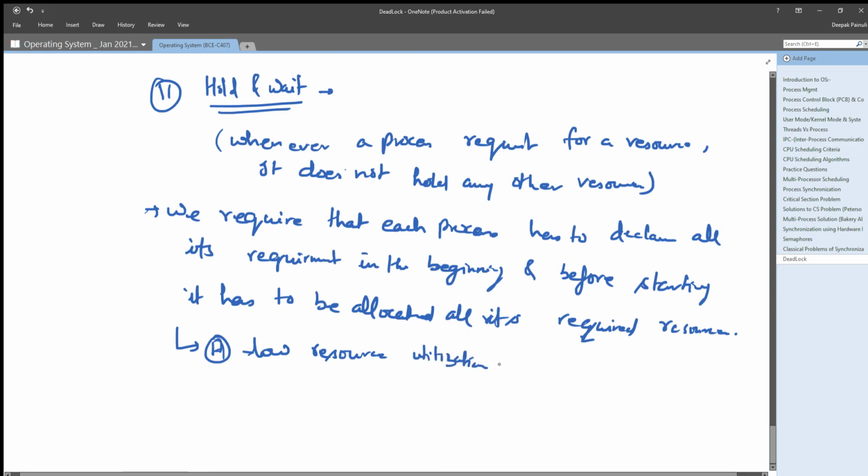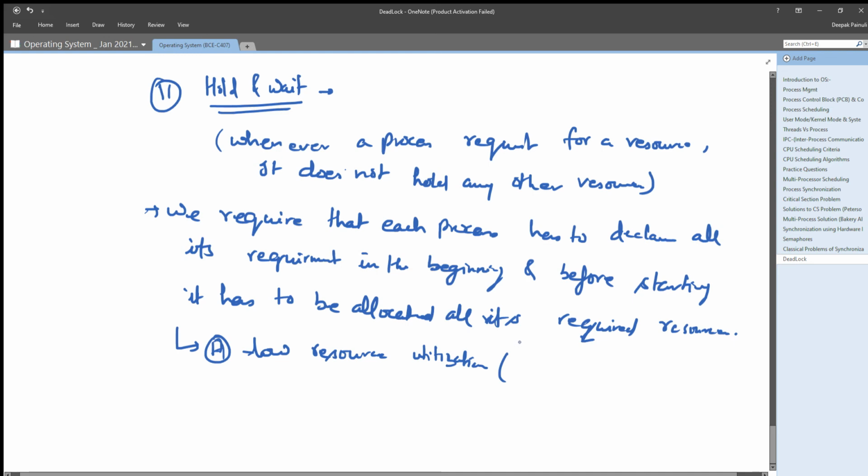Why are we saying that? Because you are saying that a process must declare its resources in the beginning. But if a number of processes need services from the printer, that means the printing services are required at the last of the execution.